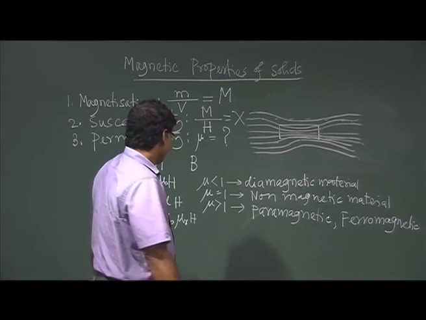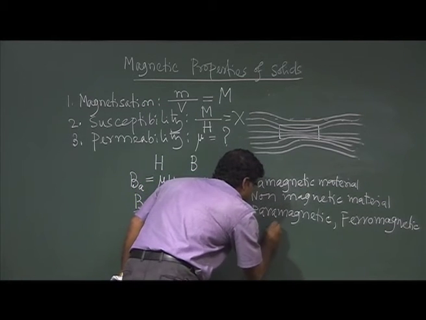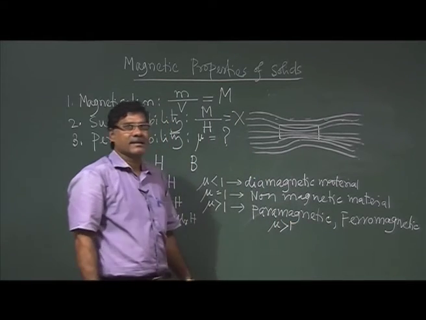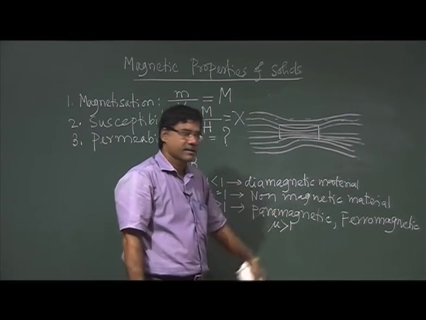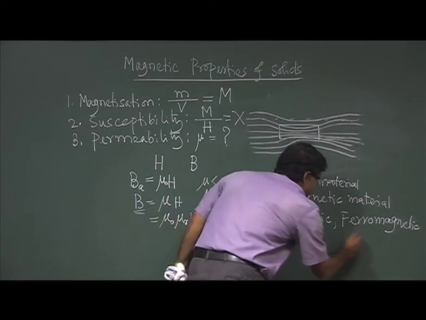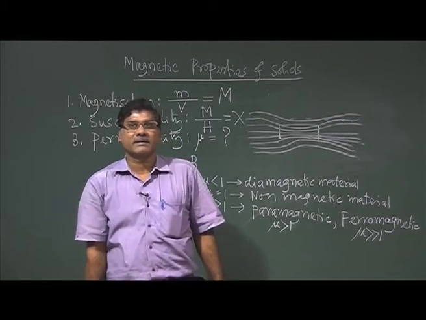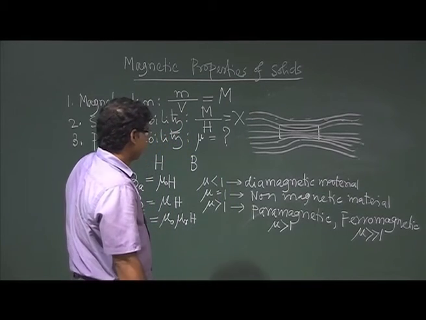Now, if mu is just slightly greater than 1, then it is paramagnetic. If mu is very much greater than 1, then it is ferromagnetic, right.